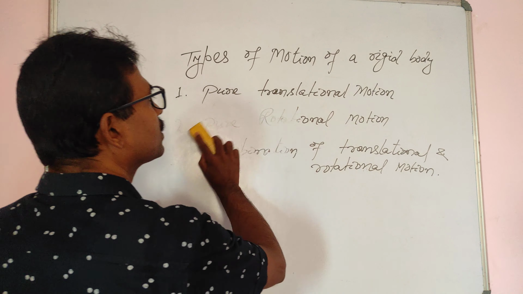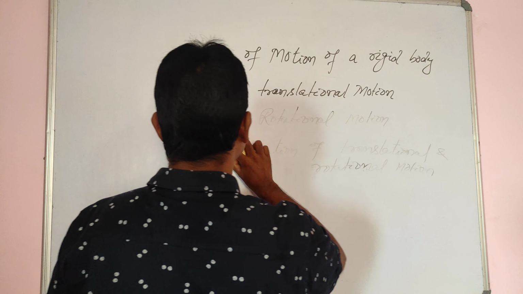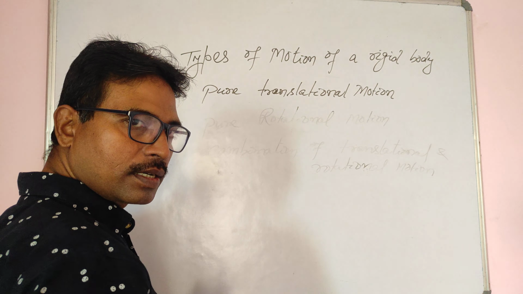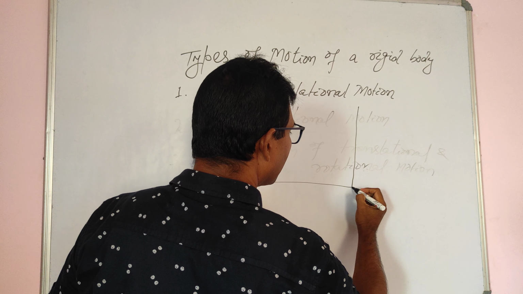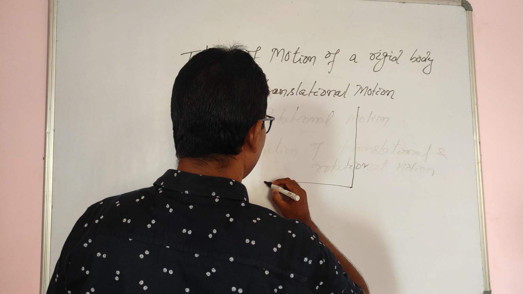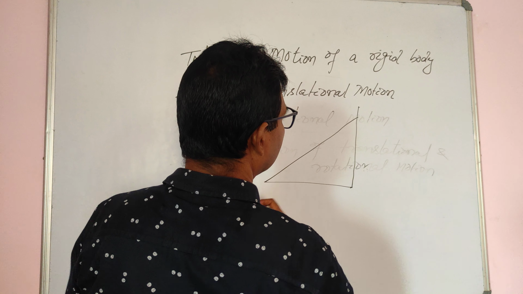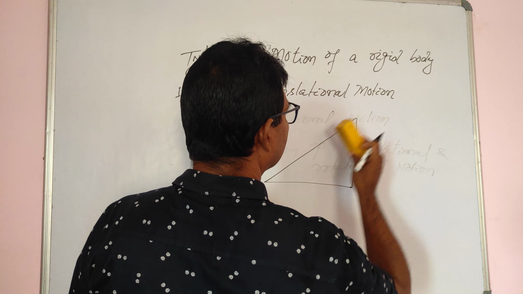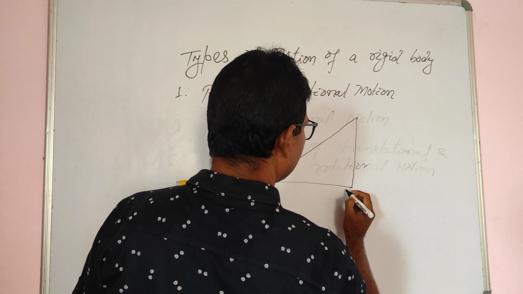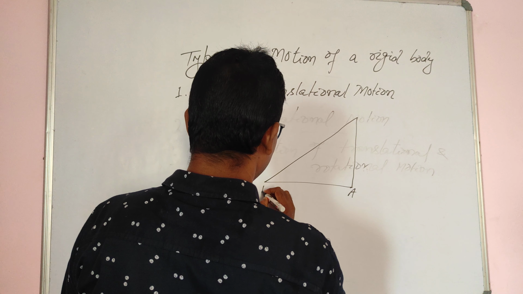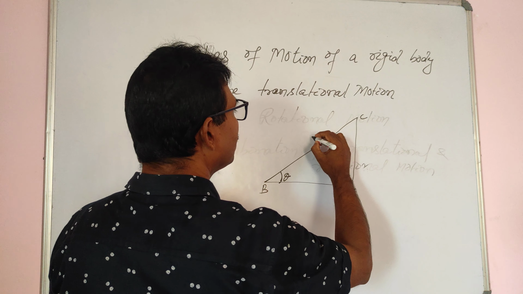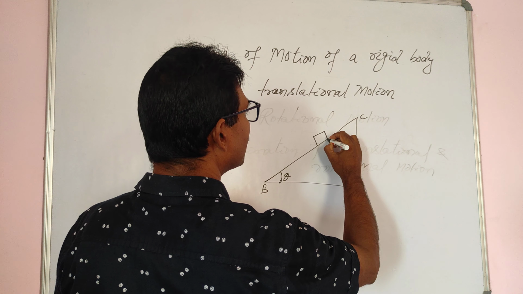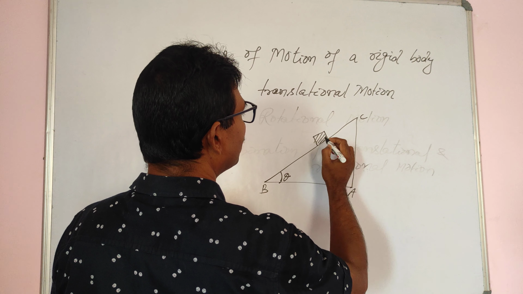That one is pure translational motion. Suppose you are considering an inclined plane. Clear? This is the inclined plane; you give the names A, B, C. This is angle theta, and you are keeping a rectangular wooden block.